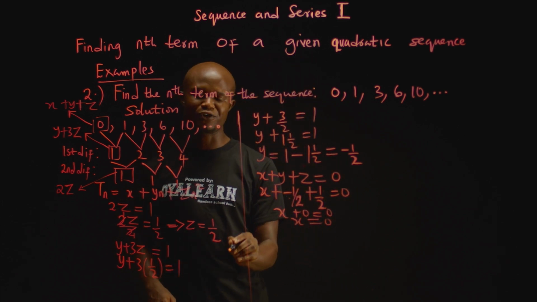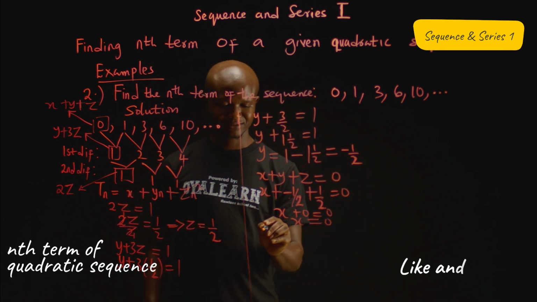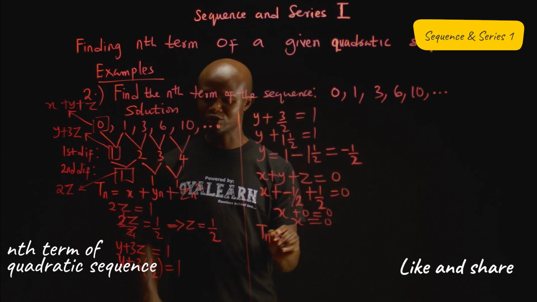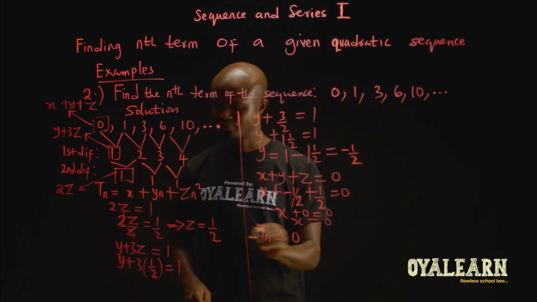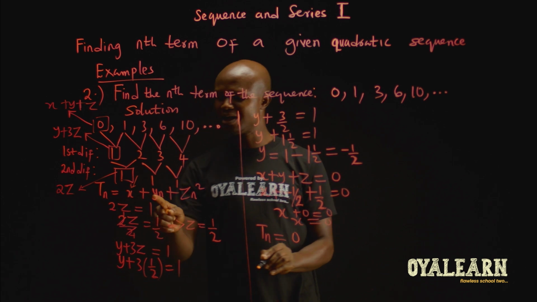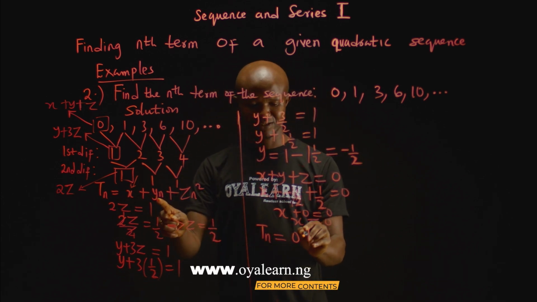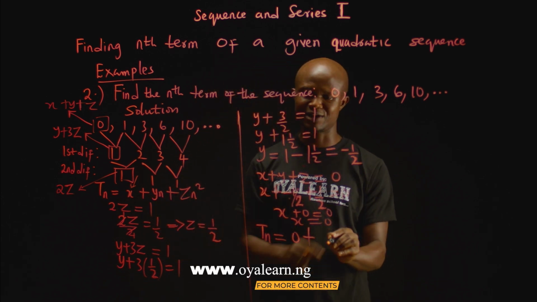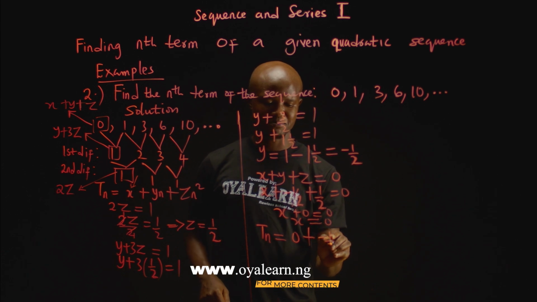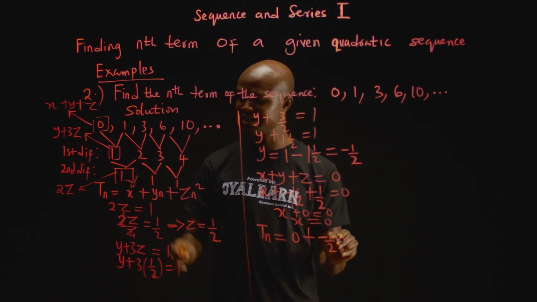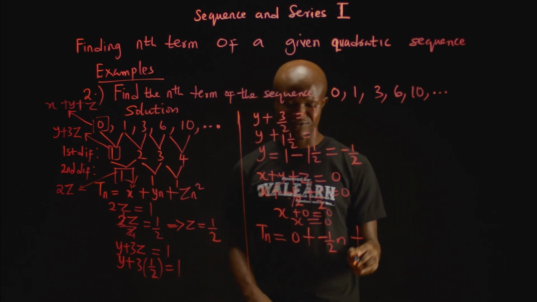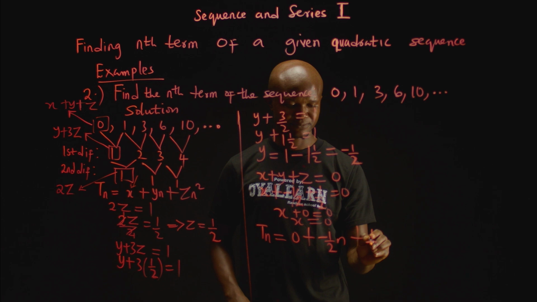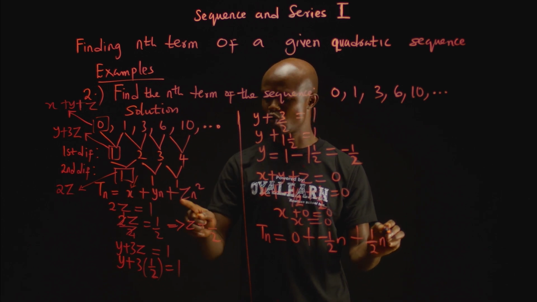Now we go back to the formula. Tn will now equal what? Anywhere we see x, we put 0. And y equals minus half, so we have minus half n. And z equals 1 over 2, so we have half n squared.